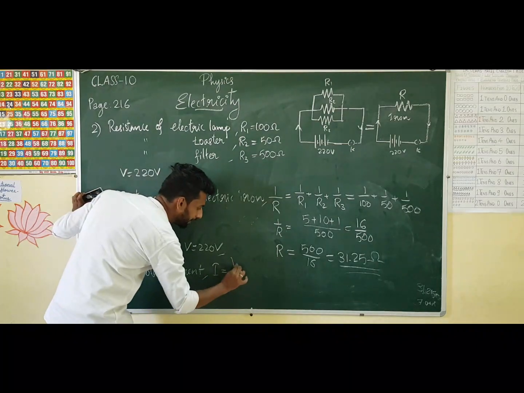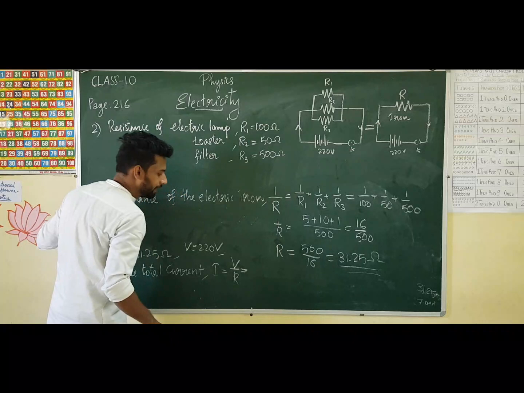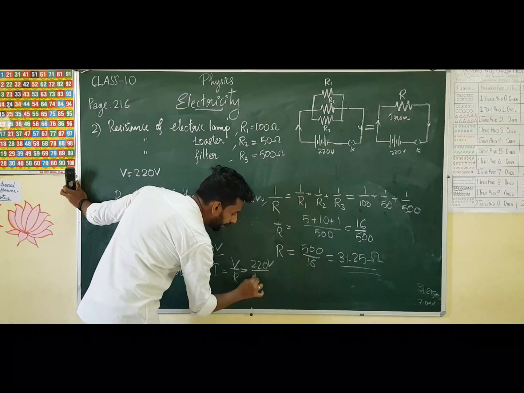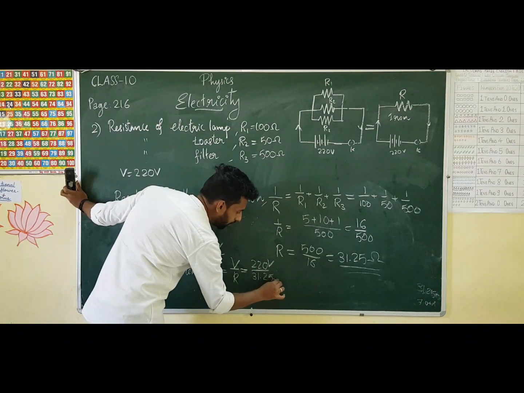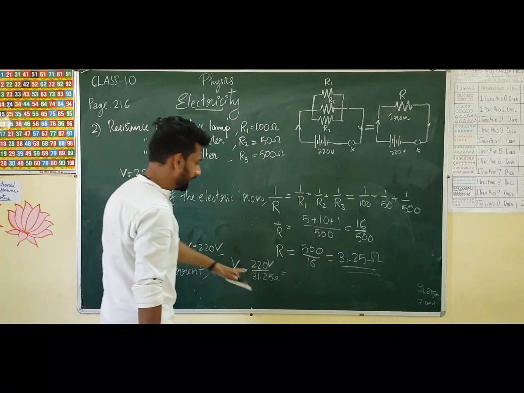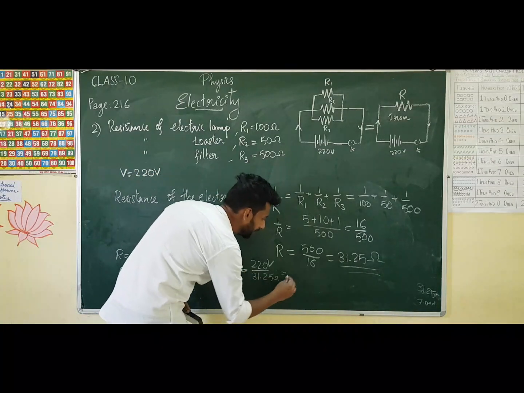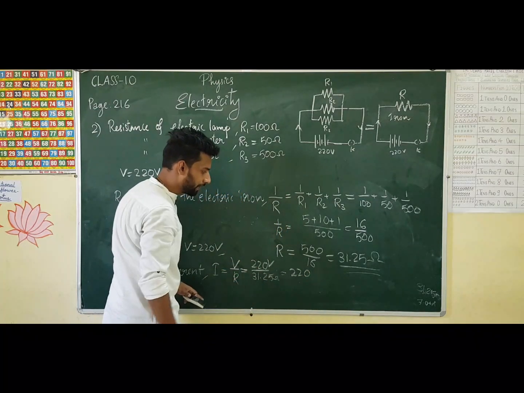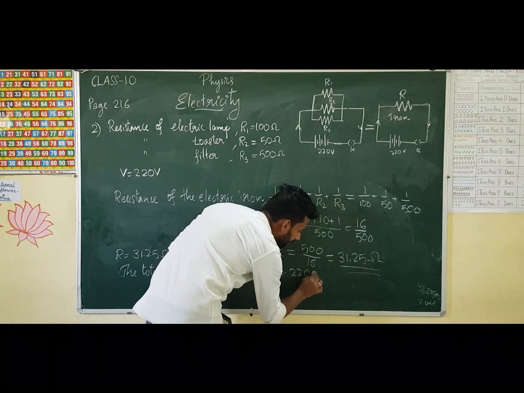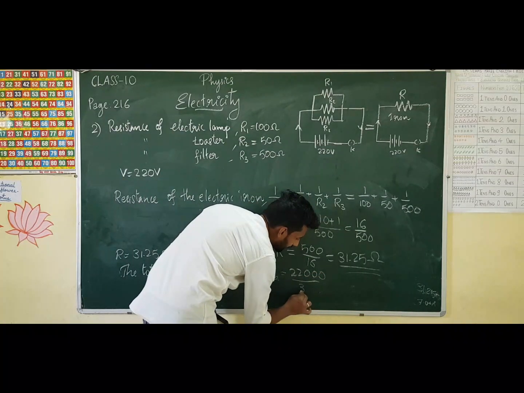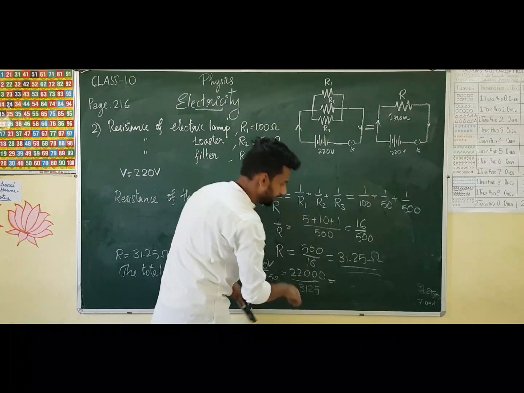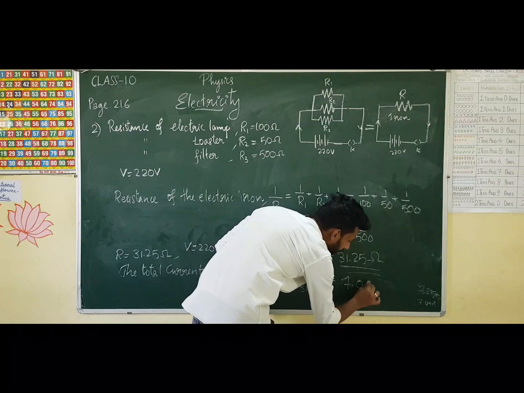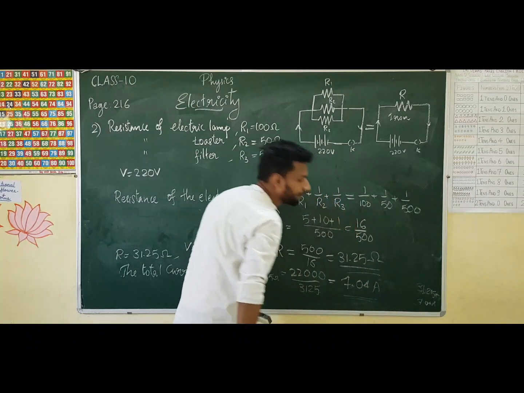Apply Ohm's law, I equals V by R. Substitute the values: 220 volt divided by resistance 31.25 ohm. We can remove the decimal point from here; there are 2 digits after the decimal, so you have to multiply the numerator and denominator by 100. Then 22000 divided by 3125. Then simplify, cancel with 5, and you will get the answer 7.04 ampere. So the answer is 7.04 ampere.